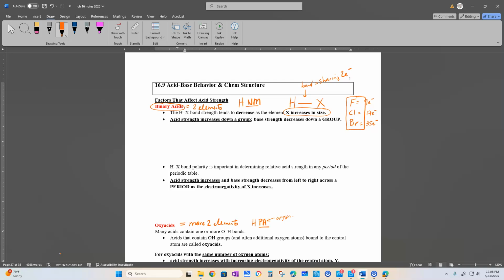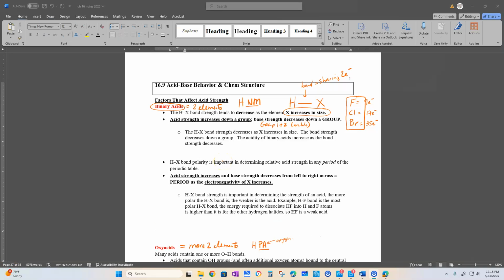Okay, so the acid strength increases down the group. So we're only looking at the acid strength. The base strength actually goes the other way, but for the base strength, we would be looking at group 1 and 2 on the metal side. Okay, so we're just looking at the acid strength. So the acid strength increases down the group.